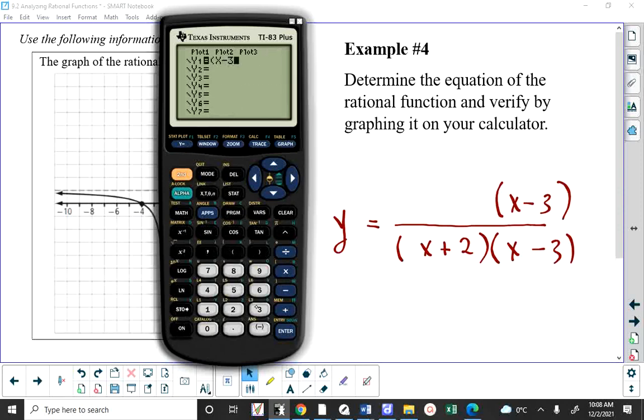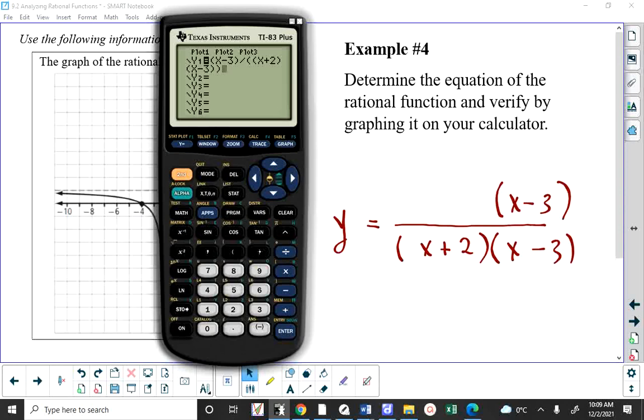When you're entering rational functions, you need a set of brackets around the entire top, and a set of brackets around the entire bottom. So for the bottom, bracket x plus 2, end bracket, bracket x minus 3, and end bracket again.